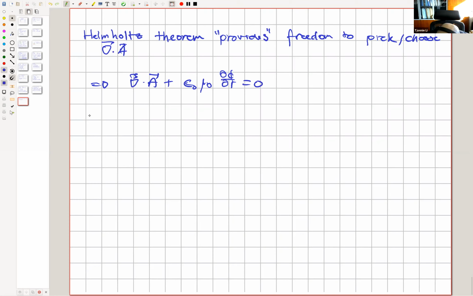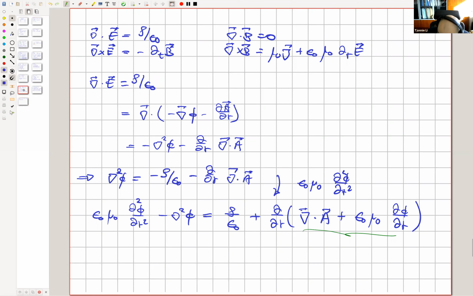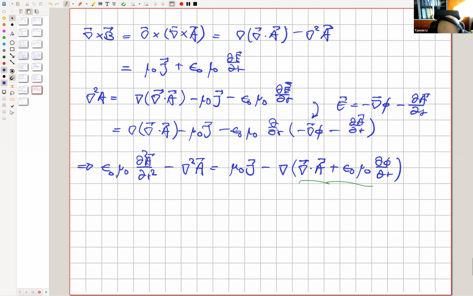Why? Because for the equation that we end up with, now this term here equals 0. And so we end up with this term here, and for this equation, we end up with these three terms here.